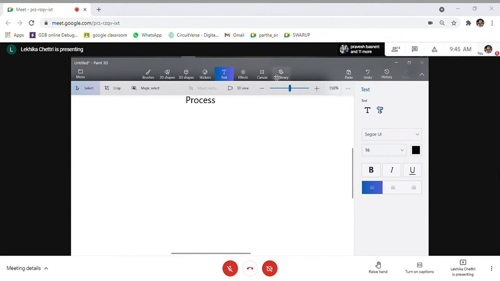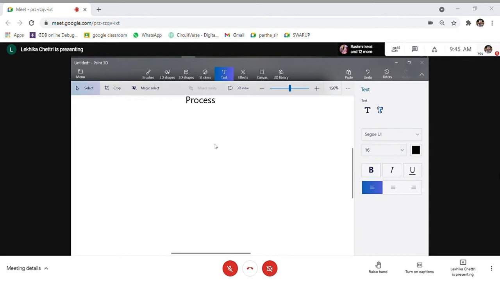For example, the board that I'm using to teach you guys is Paint 3D. I think you can see my screen, right? The application that I'm using is Paint 3D. Before I opened it, it was a program installed in my computer. But now I have opened it and I'm using it, so currently this is a process.